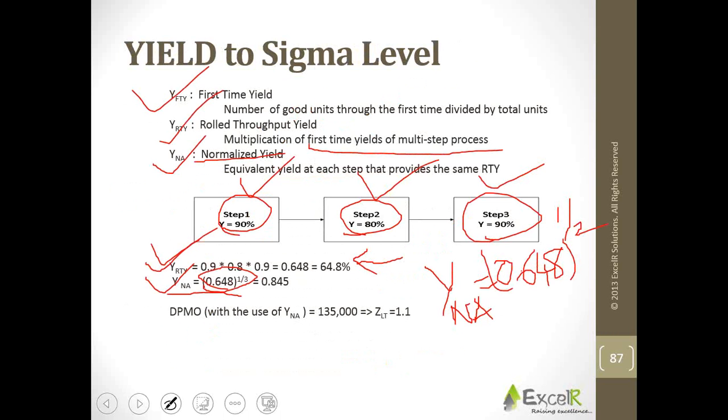If we had 4 steps, this would have been 1 by 4. If we had 5 steps, it would have been 1 by 5, and so on. From this, we can easily calculate the DPMO, which translates to a Z value of 1.1.